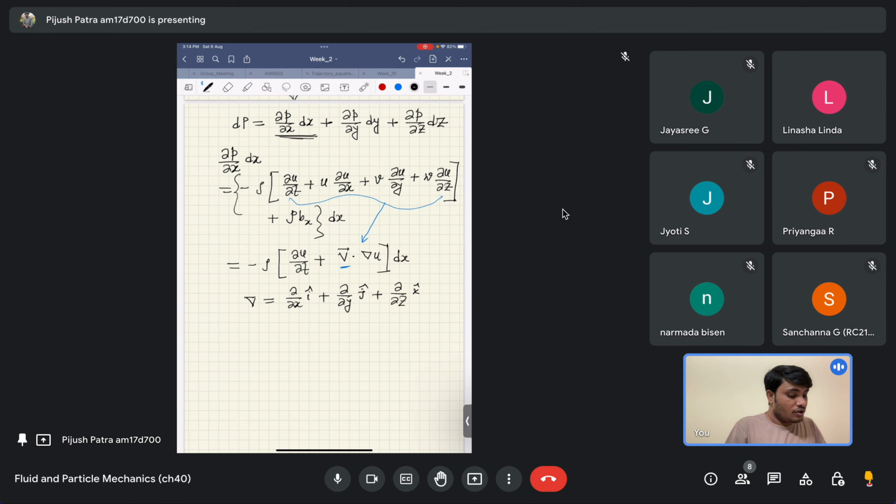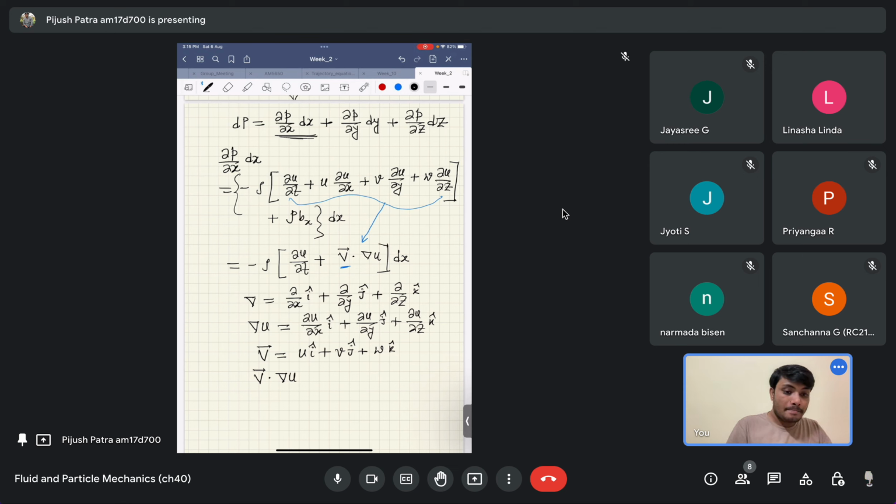Okay, so this into u will be ∂u/∂x i plus ∂u/∂y j plus ∂u/∂z k. So this multiplied with v, what is v here? v is equal to ui plus vj plus wk. Now if I do the dot product of these two, what will be there?